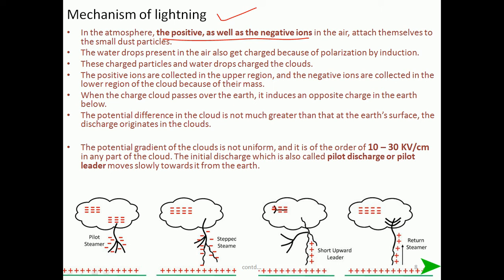Suppose there is a negative ion region in a cloud. If you see here, they collect to become very big. An electric field intensity is induced, and if the ground is positive, then when the cloud comes near the ground region, or when the cloud density increases and the distance between the negative ions and the positive ions is very short, the potential gradient will suddenly increase, and its value may be up to 10 to 30 kilovolt per centimeter.